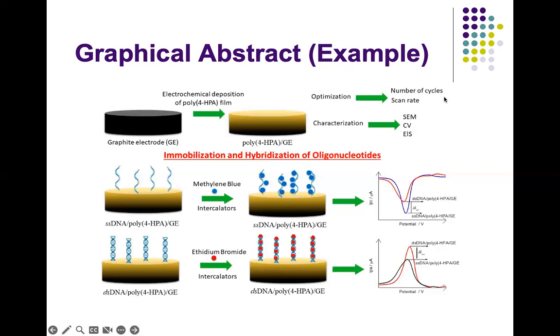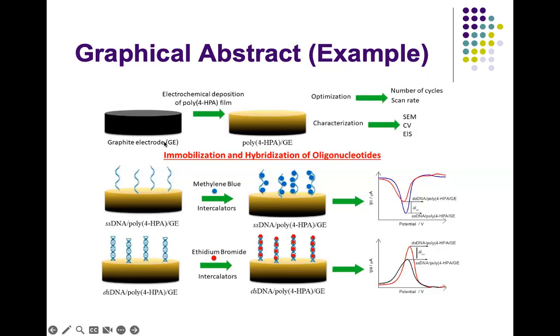They will do cycles, scan rate, whatever you want to put here, and then certain characterization in terms of morphology. I understand that he or she will do SEM, CV, which is an electrochemical method, and EIS, as well an electrochemical method. So from this small section of the graphical abstract, I can understand the whole idea of what the student wishes to do.